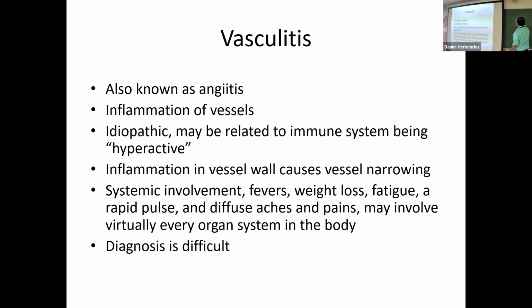This might now be your inflamed medial layer, and we've got a thickened intimal layer as well, coming around a little brighter. So now a patient who has vasculitis, instead of having a nice open vessel, has something that looks like that.